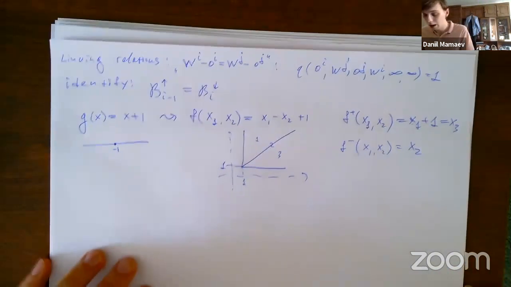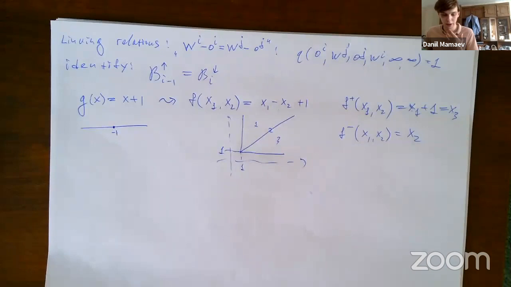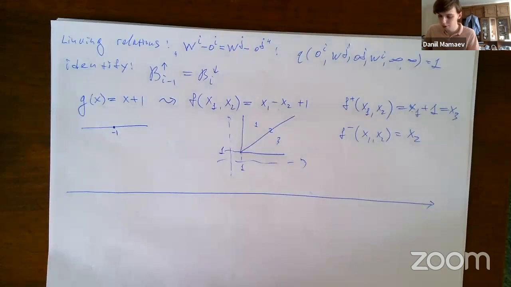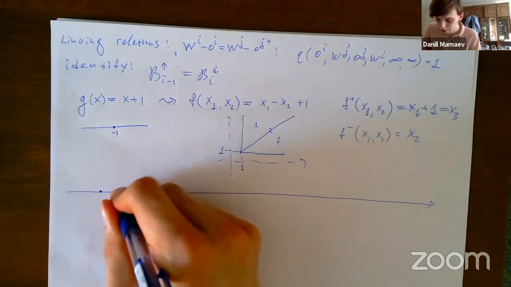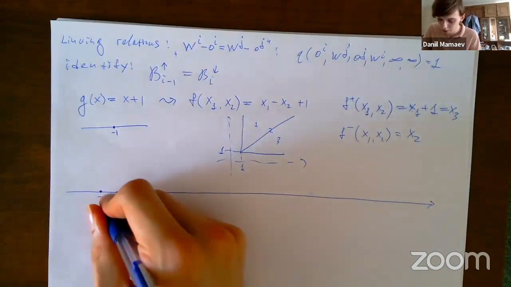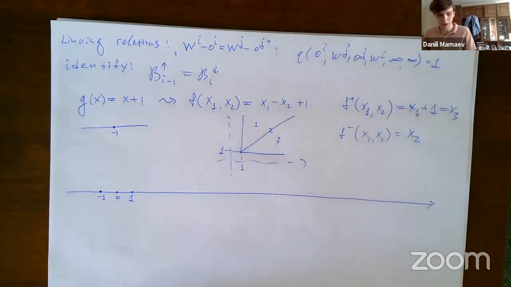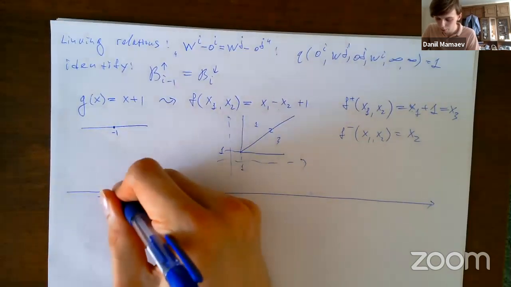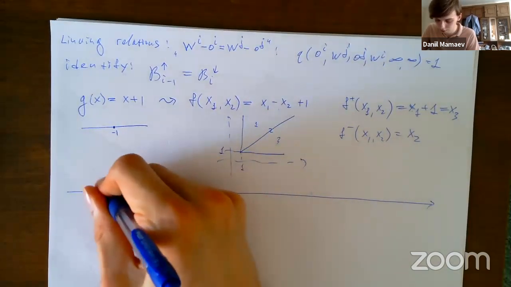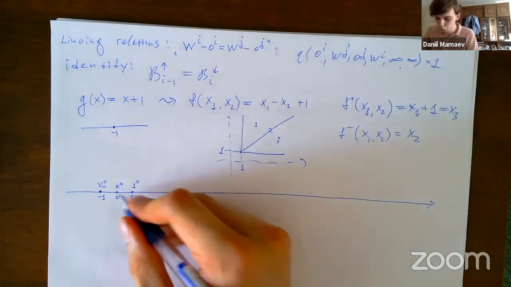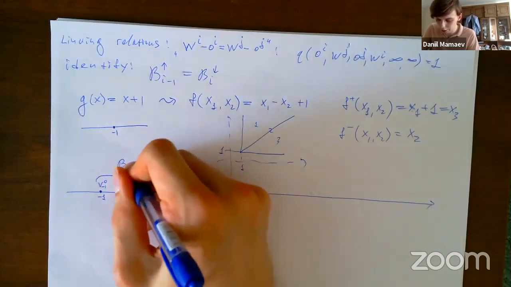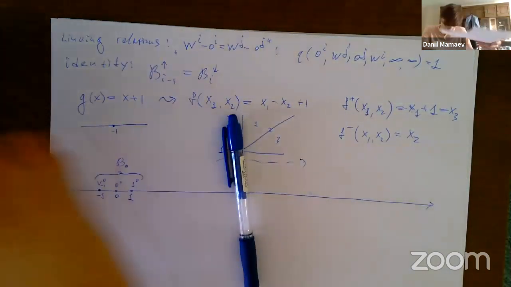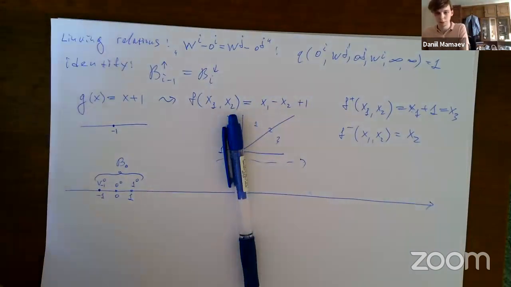Now, what clusters do we introduce? First, we say that there are some numbers -1, 0, and 1, and for them we say that this is the 0th cluster.